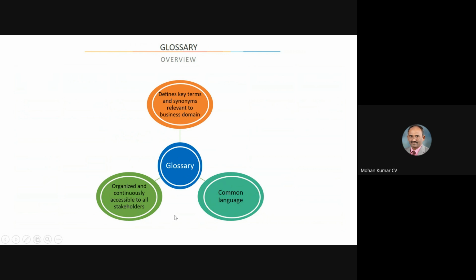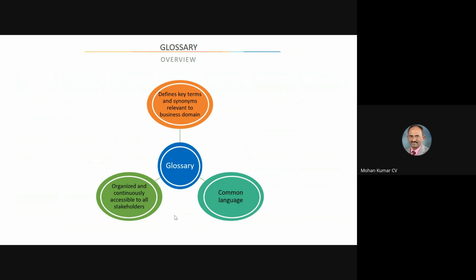Glossaries exist because in any document, there will be too many words and abbreviations used. So words which are beyond normal comprehension and usage, like what I just mentioned, entity relationship diagram. What does entity mean? That will come into the glossary.